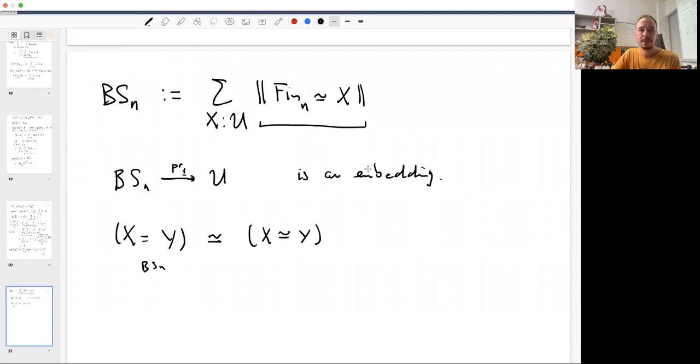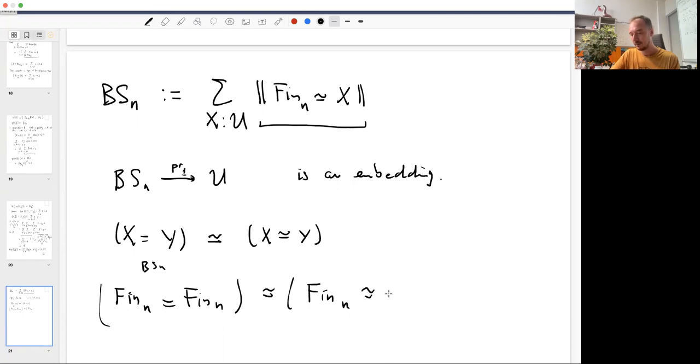And this is the reason why this type is called BSN, because it follows also that fin n equals fin n is equivalent to fin n is equivalent to fin n.